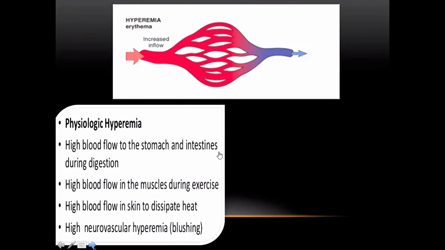High blood flow in the skin to dissipate heat, such as when you have a fever and the patient looks a bit red. Then neurovascular hyperemia or blushing: you see your crush walk by, your crush notices you, it registers in the brain, and you blush. So it is a form of active hyperemia.